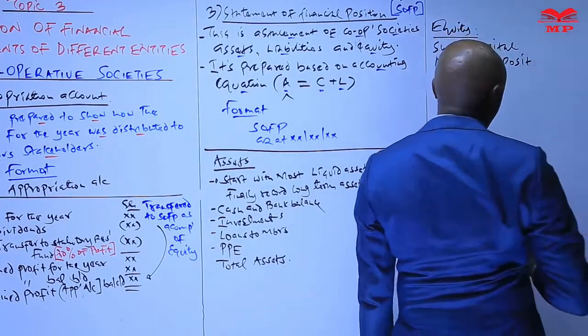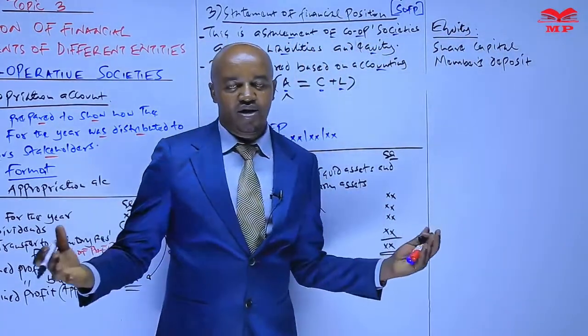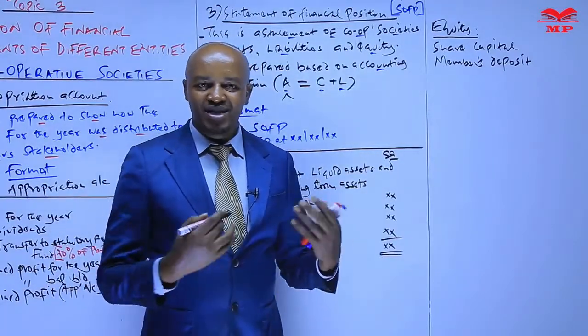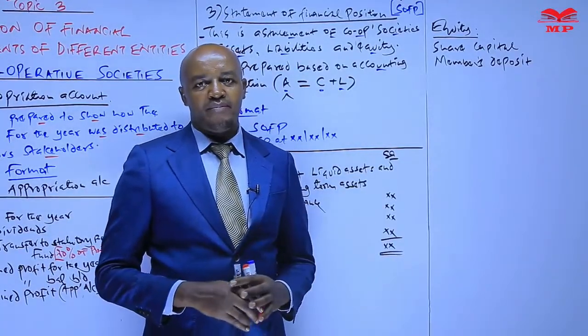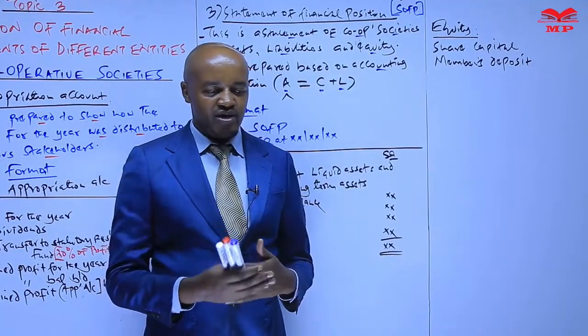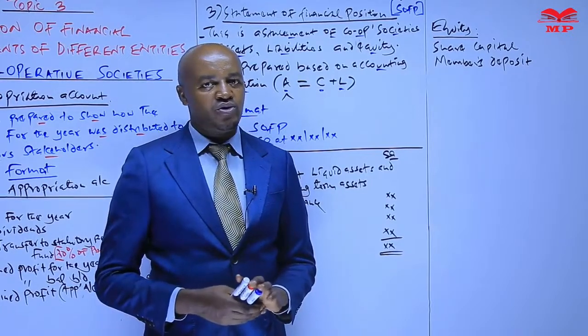So it is important to note that if the cooperative society we are dealing with is something like a SACCO, members will have made some deposit with such a SACCO. But generally, as a member of a SACCO, you can't withdraw that amount of money anytime you want.